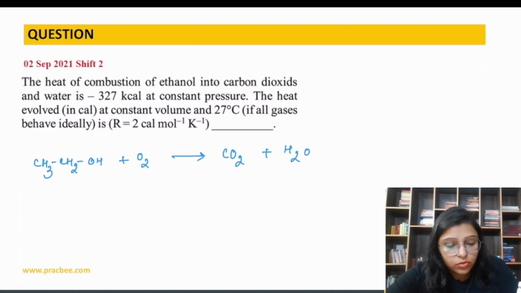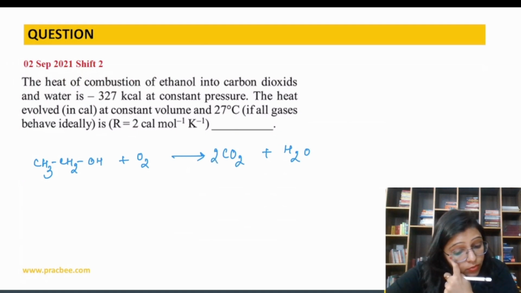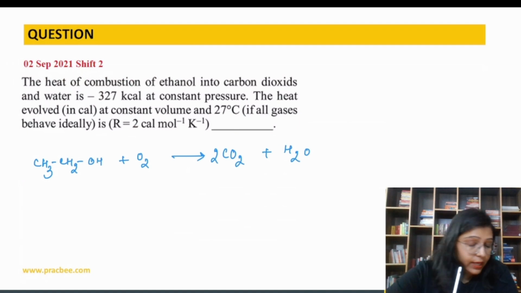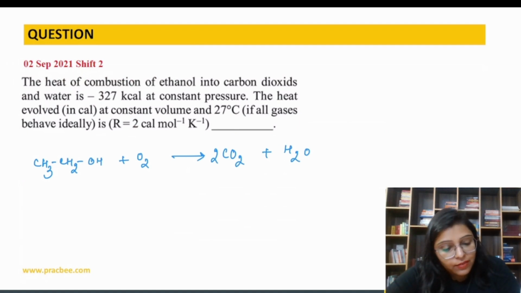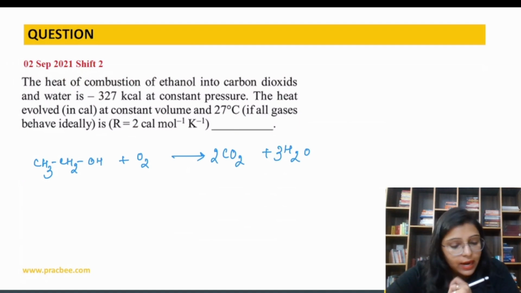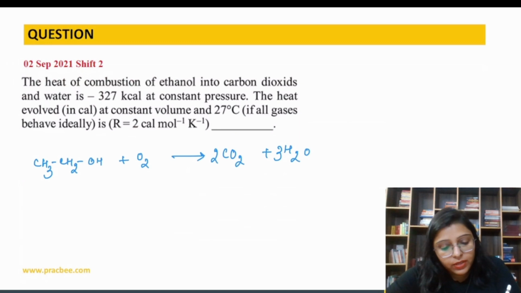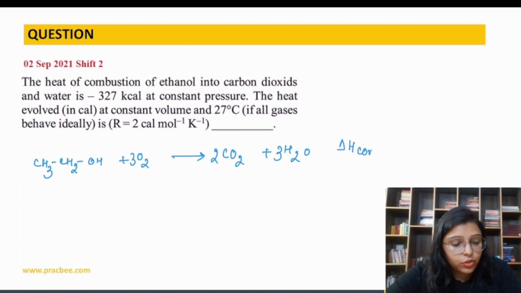On balancing, we get 2 carbon, then hydrogen 3, 4, 5, 6 on the left hand side, so here we write 3. And then we have oxygen 4, 5, 6, 7. So we get 3 O2 and this. Okay, fine.